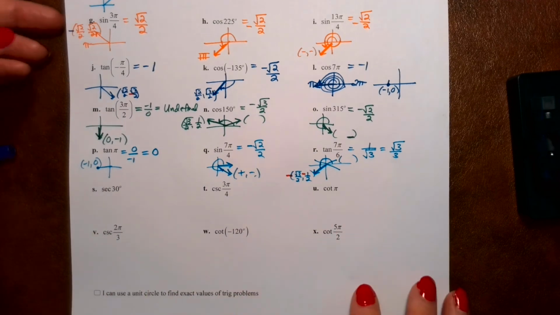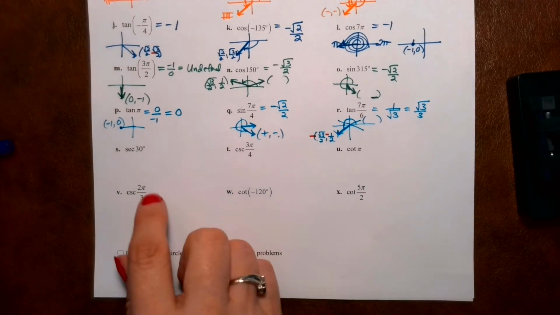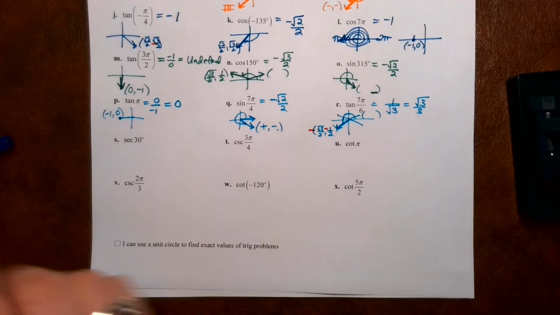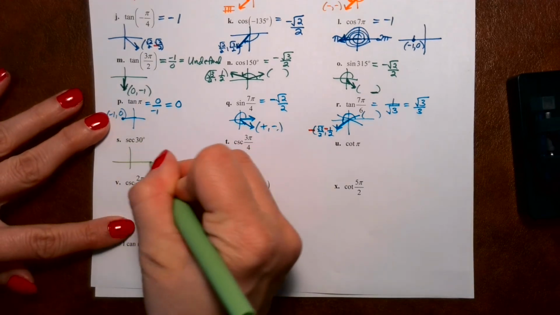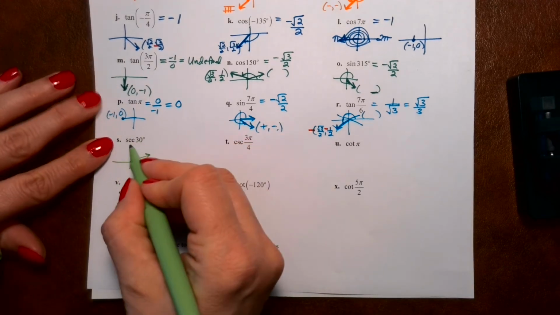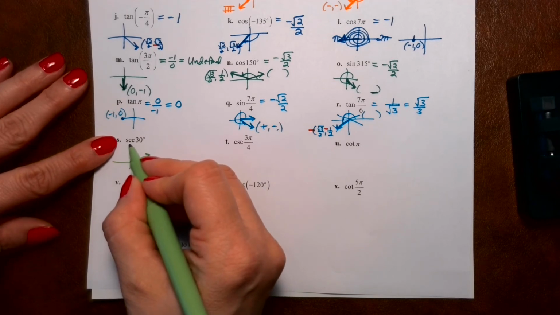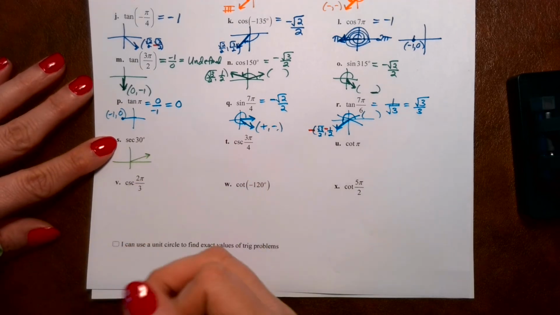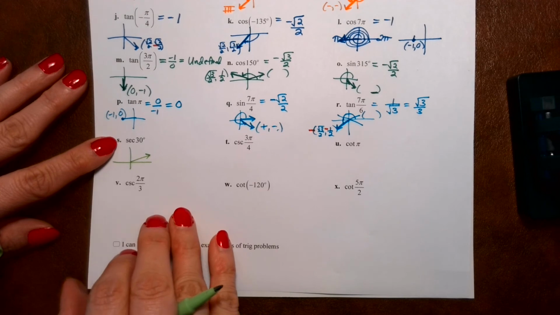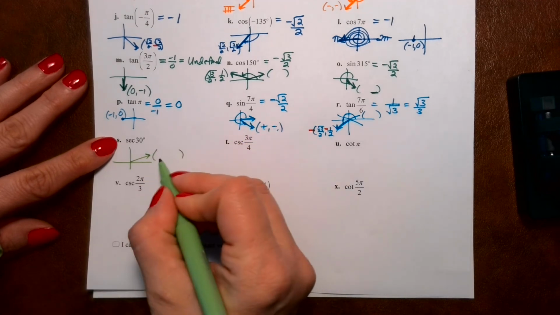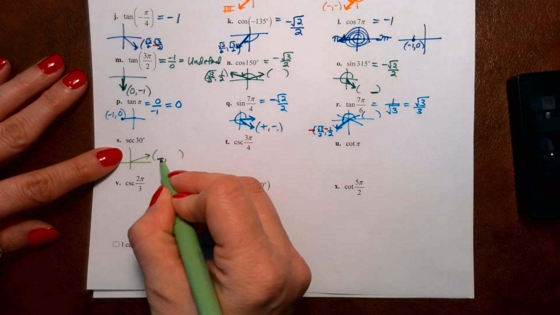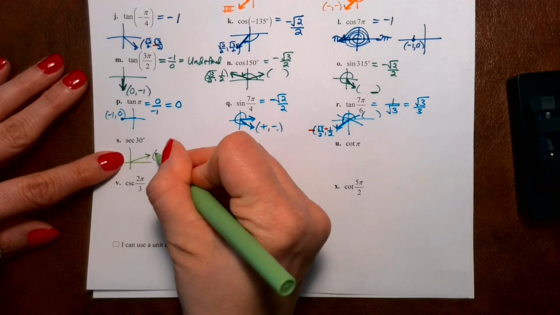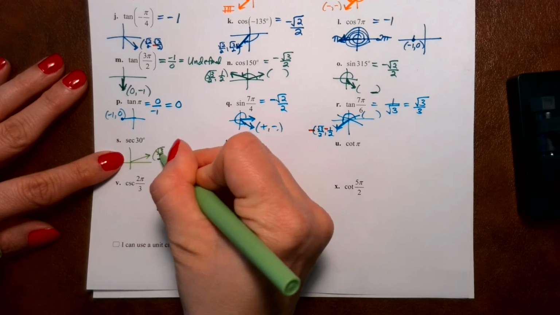All right, let's do some reciprocal functions. Let's think about where 30 degrees is. 30 degrees is just a little bit up. When I say secant, which trig function is that the reciprocal of? Yeah, cosine. So I really need this first value right here. The first value on the unit circle is radical 3 over 2.